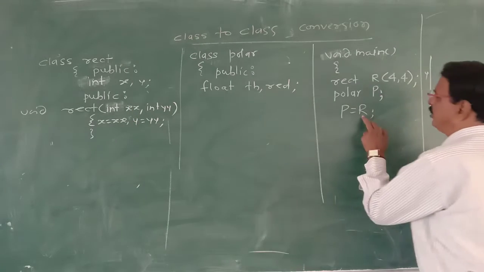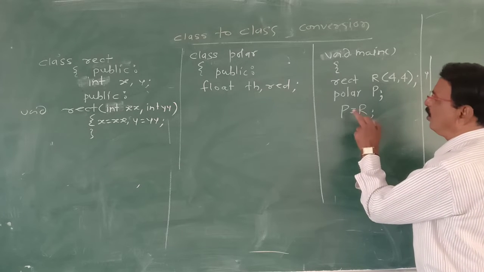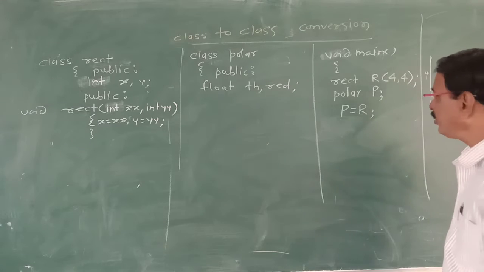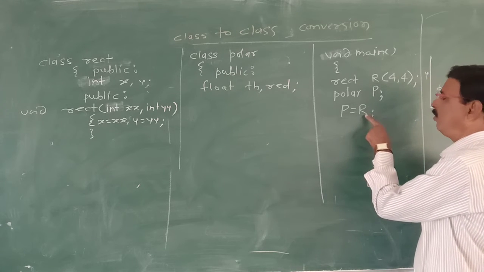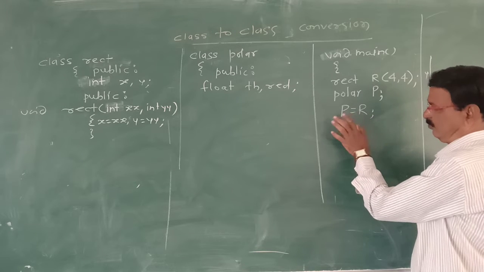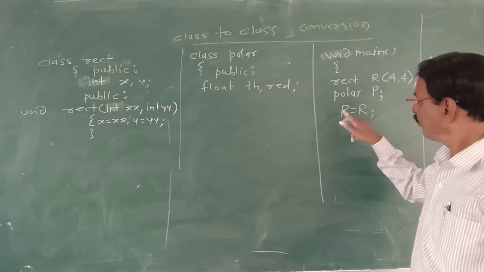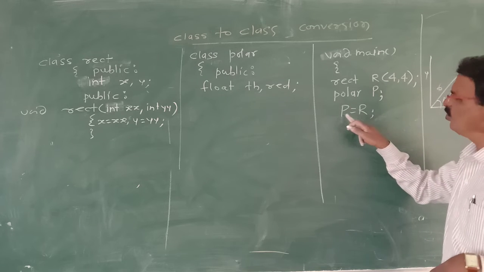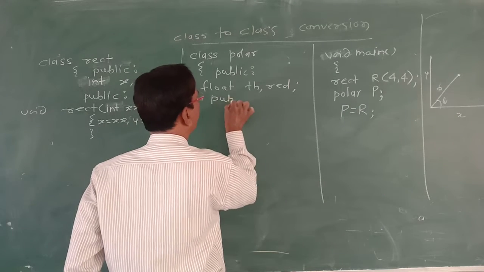So as soon as this expression is executed, you can have a constructor in the source or you can have the casting operator in the destination. Casting operator in the destination, you can have constructor in the source, constructor in the destination or casting operator in the source. So we will have a constructor, public.